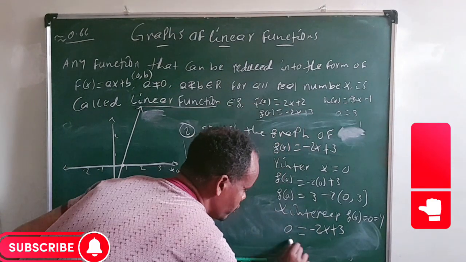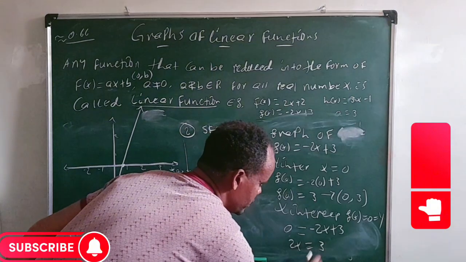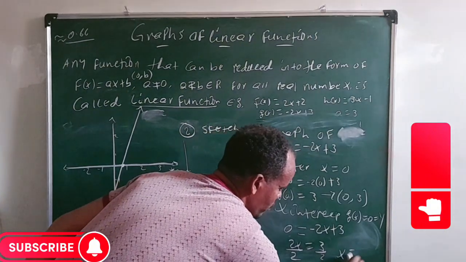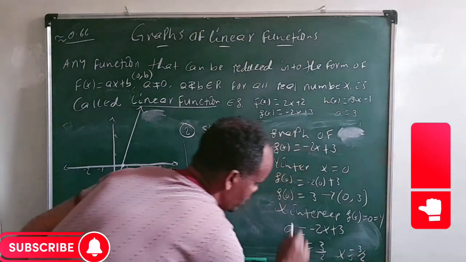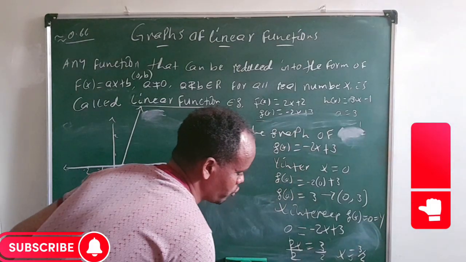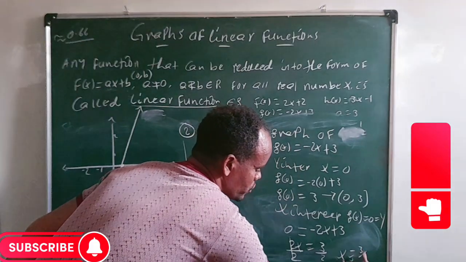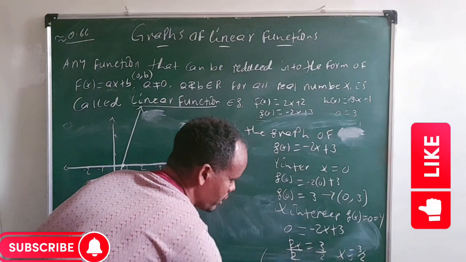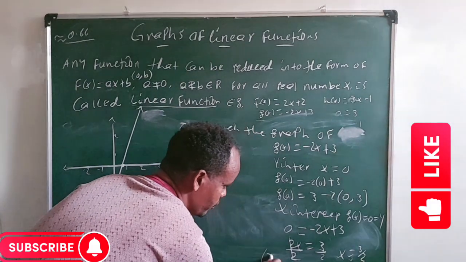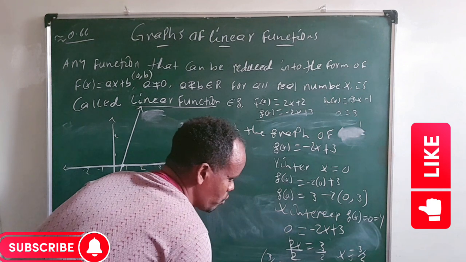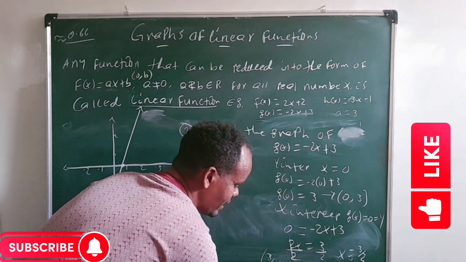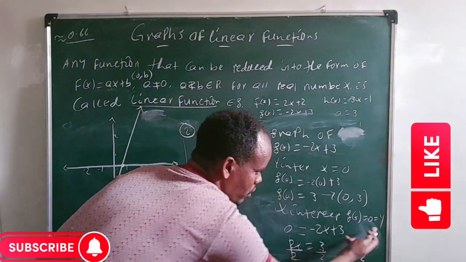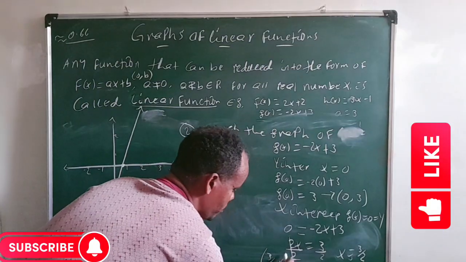This gives 2x = 3. Divide both sides by 2, then x = 3/2. So in the ordered pair, the first coordinate is the value of x, which is 3/2, and the second coordinate is the value of g(x), or y, which is 0.